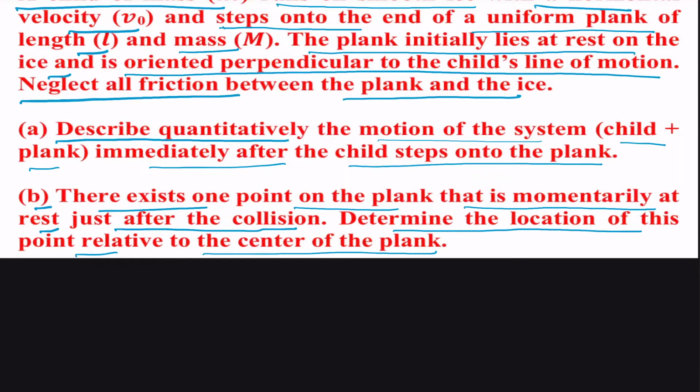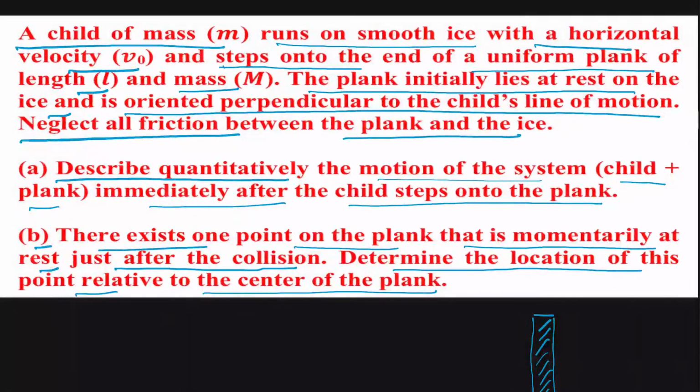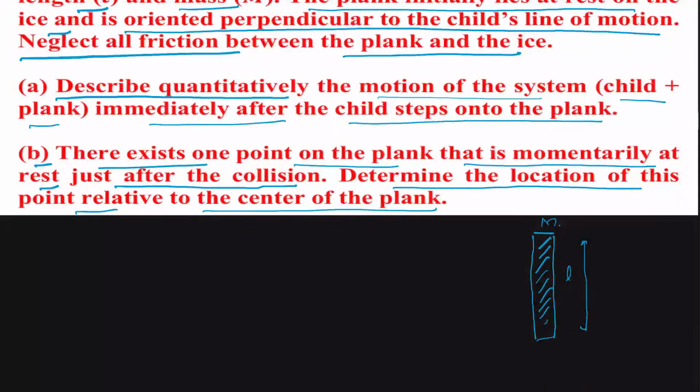So in this case, we can just draw an approximate figure, and suppose this is the plank, and its length is given as L, mass is given as capital M. And we are given that the child is running.